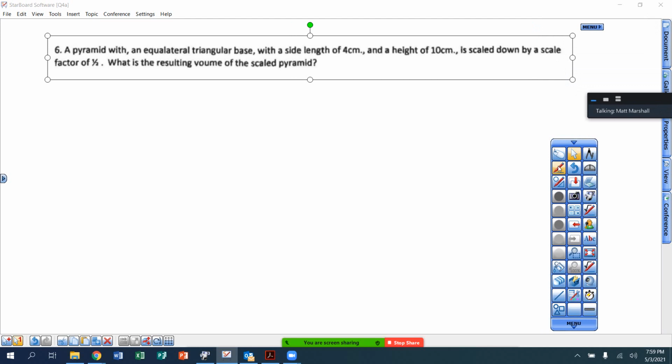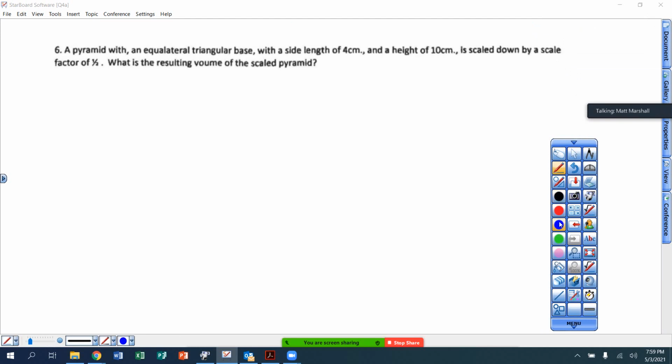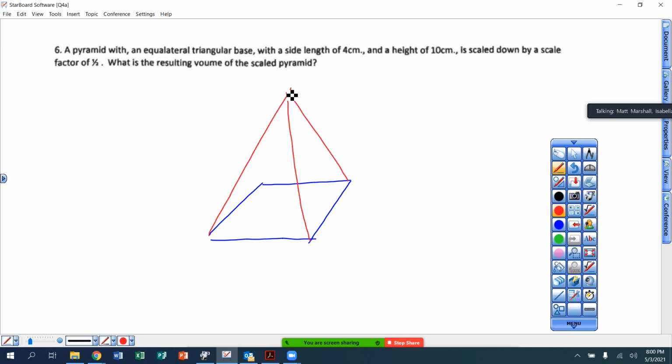All right. So for a pyramid, you found the area of the base, right? I'm gonna try. Yeah, I think I totally did it wrong. What was the area of the base? I got the question wrong. Yeah, I didn't get it right. Can you see this screen here that I'm drawing on? Yeah, I can.